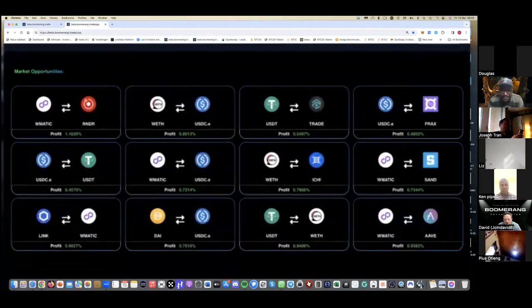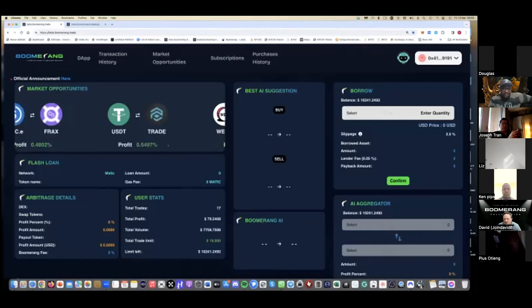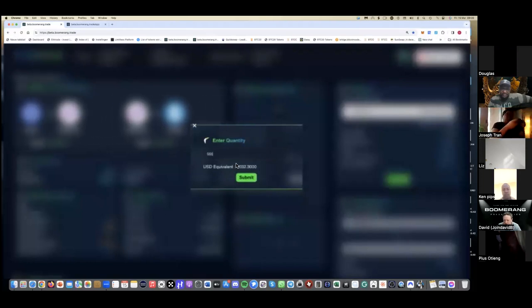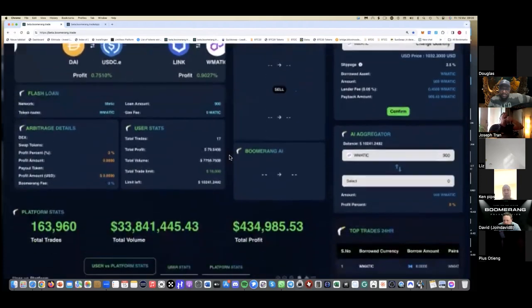And let's see if we have something here. WMatic RNDR. Yes, let's see this one. RNDR, WMatic. We put 900 in there. It's around $1,000 in equivalent. And then we have RNDR down there.